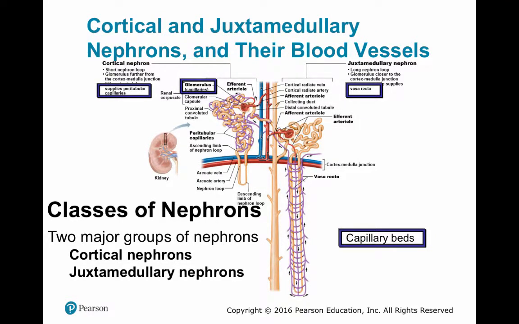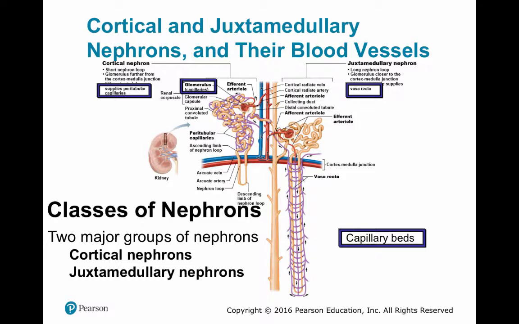And if you look at this, you can see that when they're talking about what supplies these two types of nephrons, essentially the vasa recta supplies the juxtamedullary nephrons, and the cortical nephrons have two supplies.